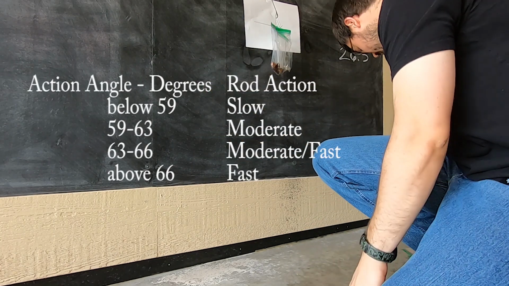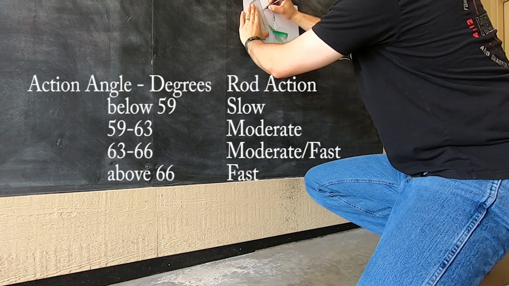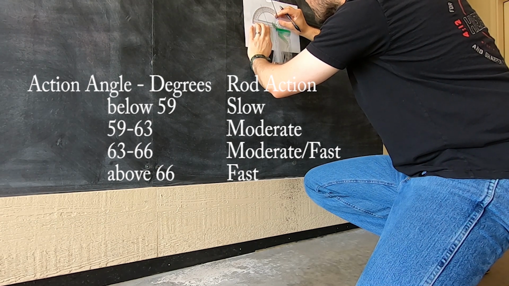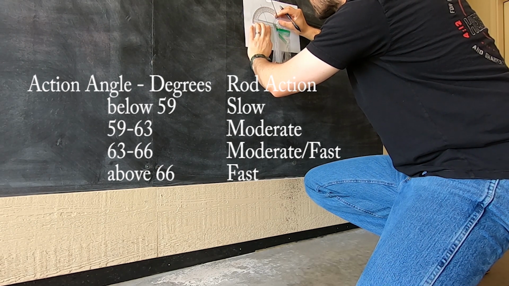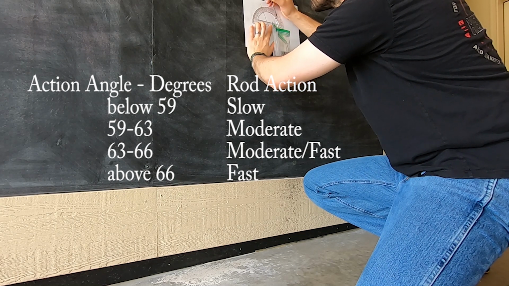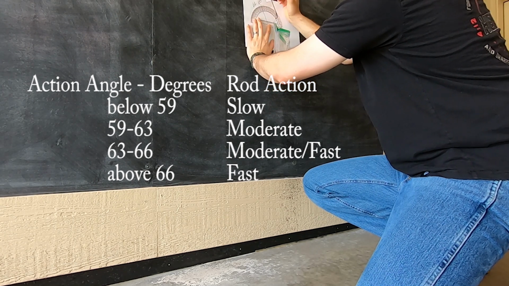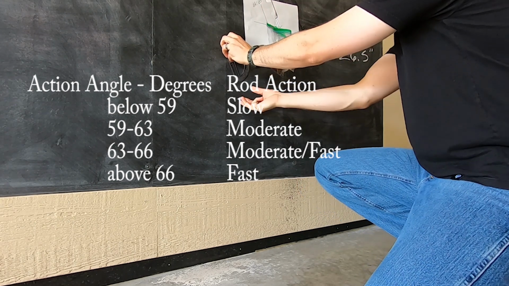There's horizon. 65 on the dot. So my action angle is 65.